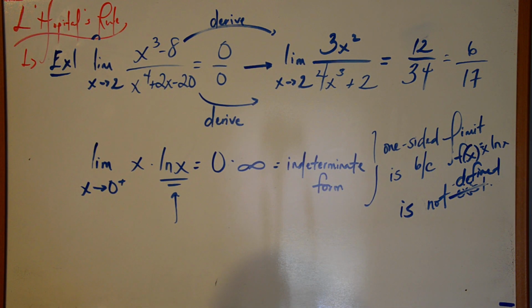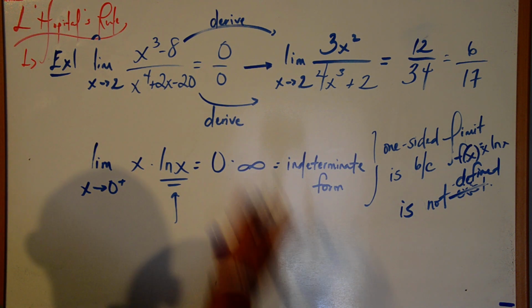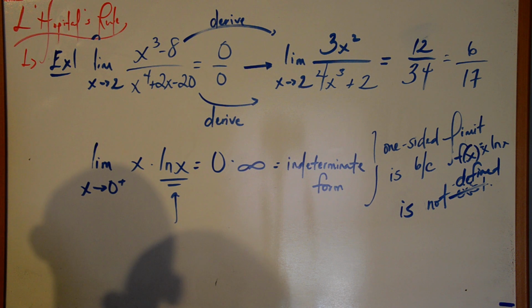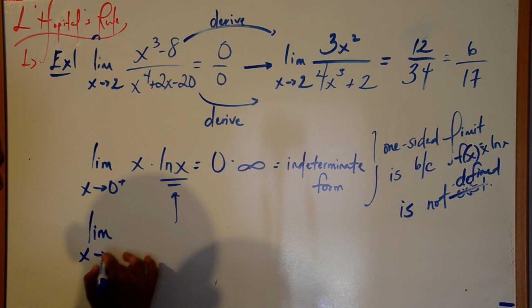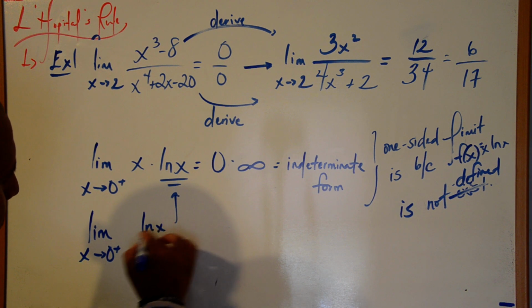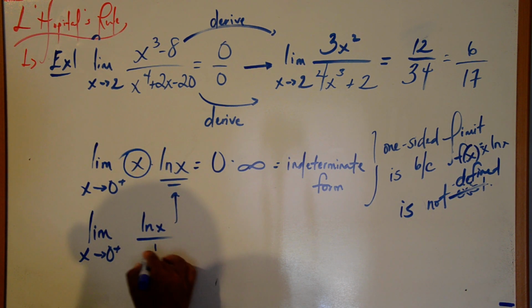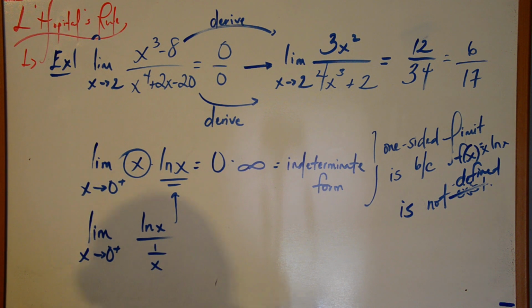So, what do we do? Well, this is one of those situations where we don't necessarily have a rational function. We need to make this rational. How can we make this rational? Take the natural log of x, and we take this guy and place it into the denominator, which allows us to then apply L'Hopital's rule.